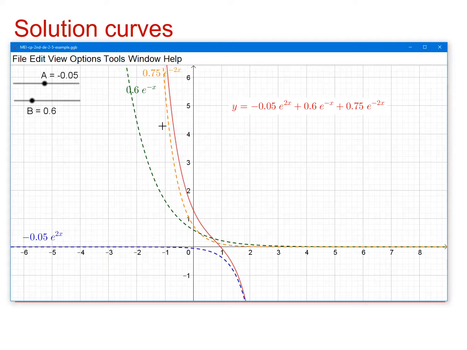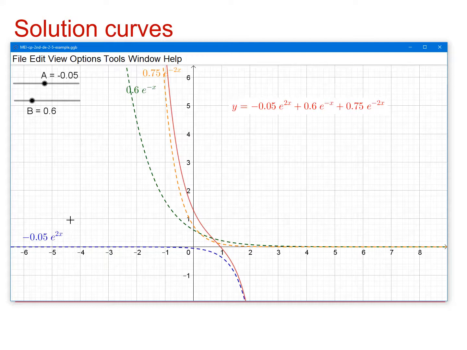Notice that this curve is really being driven by the e to the 2x and e to the minus 2x bits. E to the 2x and e to the minus 2x are considerably larger as x gets larger. They are considerably larger than the e to the minus x bit of the function. So up here on the left hand side, the e to the minus 2x is doing all the hard work, and on the right hand side it's the e to the 2x.